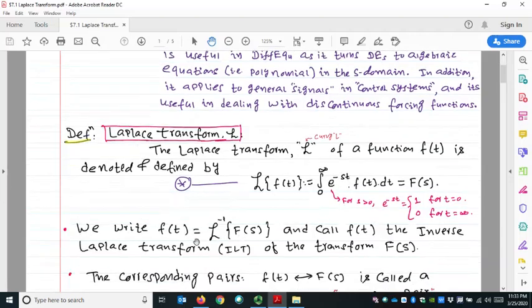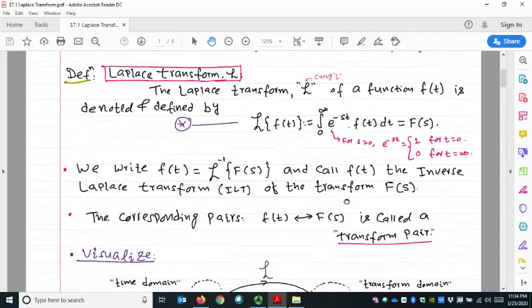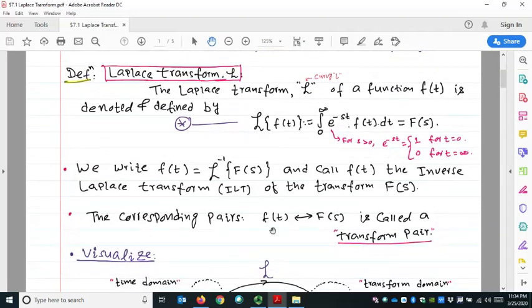And we write little f(t) equals L inverse of capital F(s), meaning the inverse Laplace transform of capital F(s), and we call little f(t) the inverse Laplace transform of the transform function capital F(s). And the corresponding pair little f(t) and capital F(s) is called a transform pair. So this transform pair means little f(t) is the inverse Laplace transform of capital F(s), and capital F(s) is the Laplace transform of little f(t).